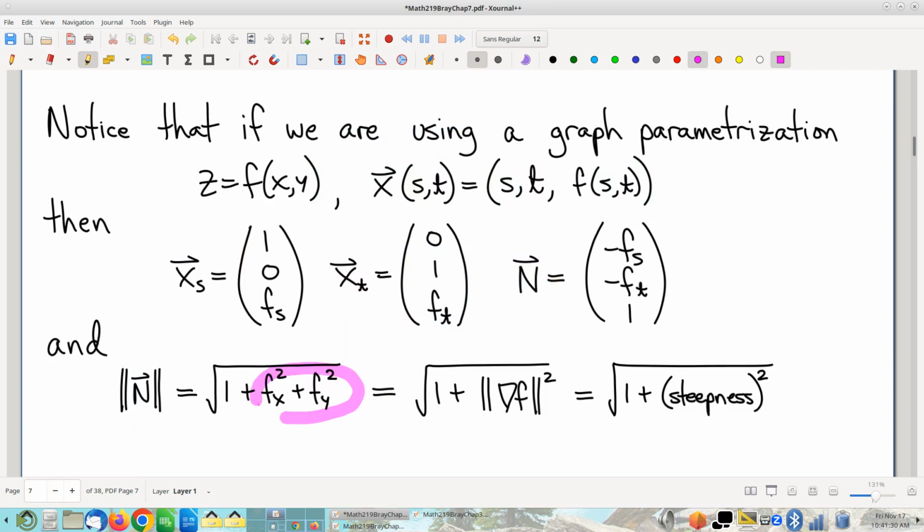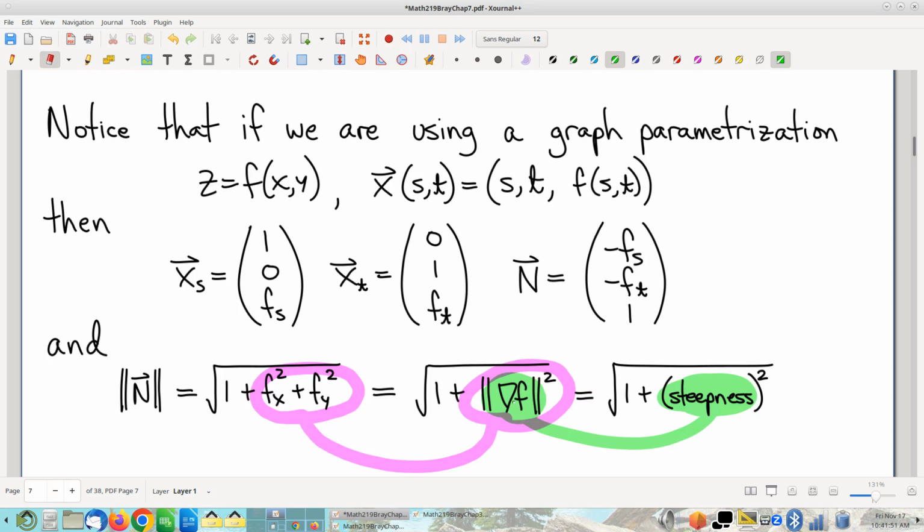This business right here is the magnitude squared of the gradient, right? And don't forget, the magnitude of the gradient is how steep the graph is. And so this is another nice little point of view on it, in this special case of when you're looking at a graph.